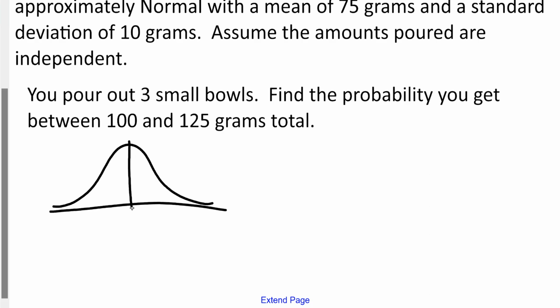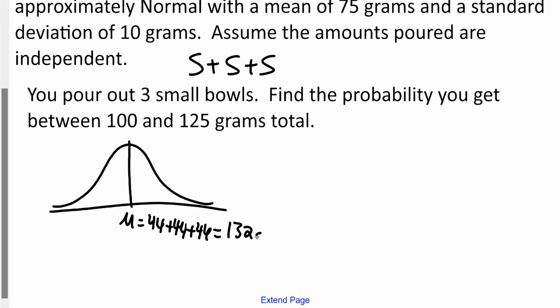The mean would be adding them, S plus S plus S: 44 plus 44 plus 44. So you get a mean of 132 grams. That's what you'd expect for 3 bowls.